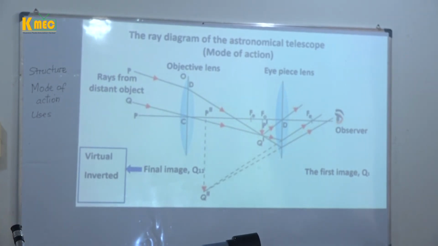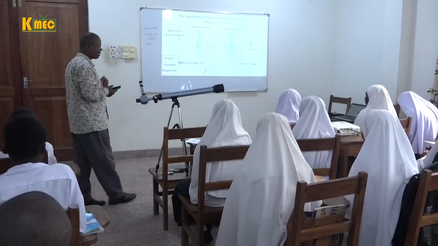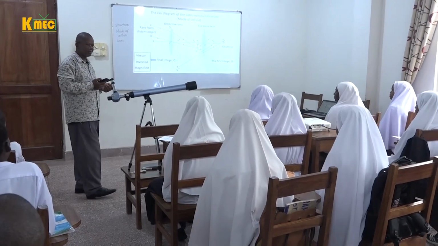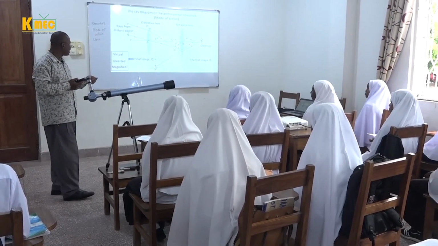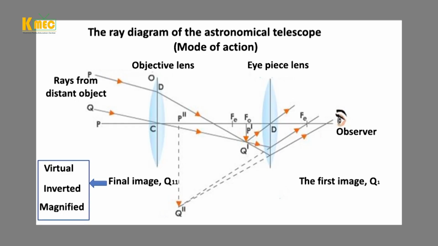So that's why it's called an inverted image. And the last, here we have the magnified image. Why is it called magnified? Because the size of the second image is greater than the size of the first image, where the first image acts as an object for the eyepiece lens.